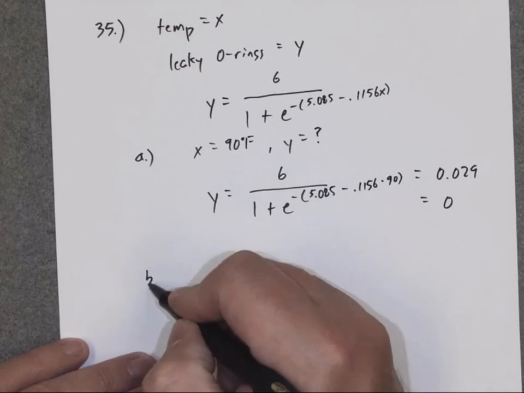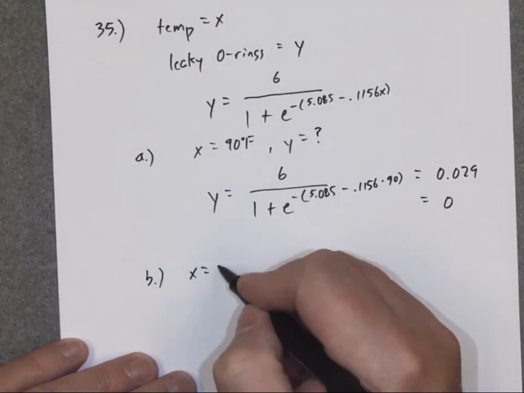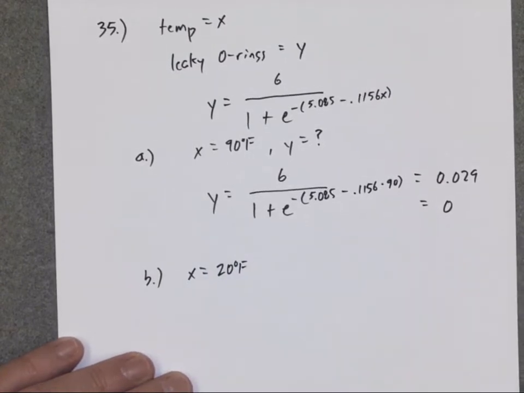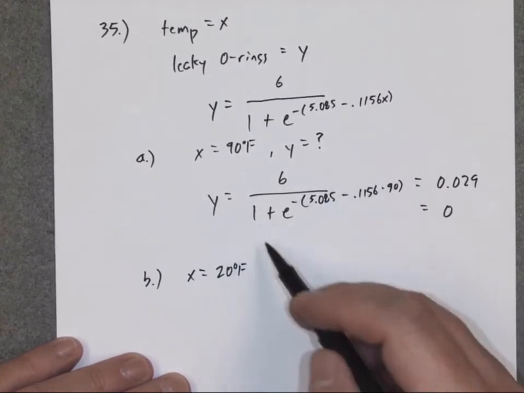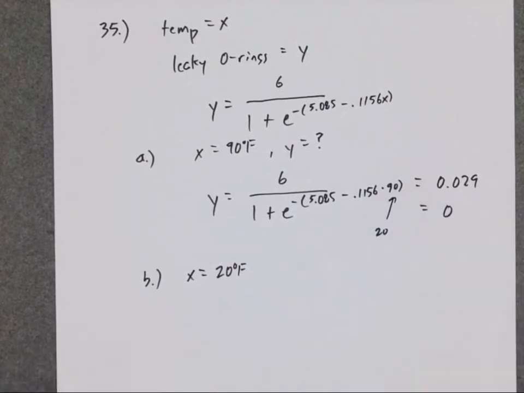Now for part B, they say do the same thing, except now see what happens when the temperature is 20 degrees Fahrenheit. So instead of rewriting this whole thing, I'm just going to plug in 20 for the 90. So that's 20 times 0.1156 plus 5.085.